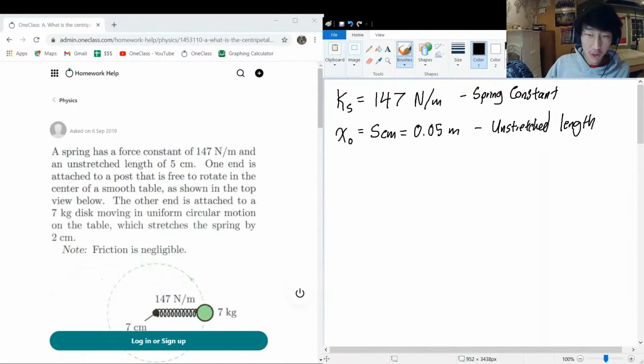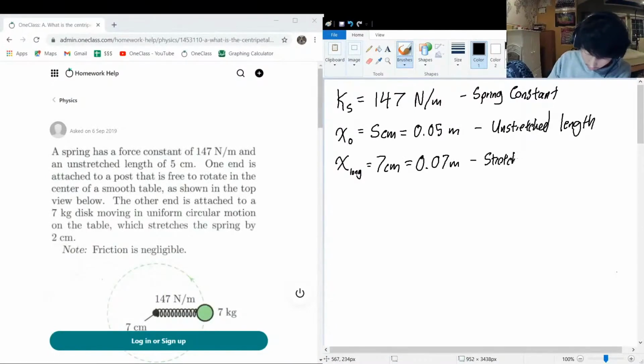And the stretched length is 7 centimeters. Let's call that X long, which is 0.07 meters, the total length.